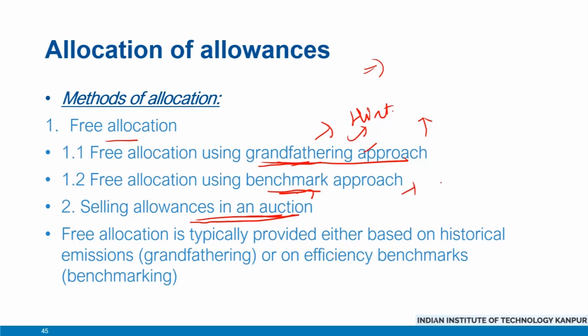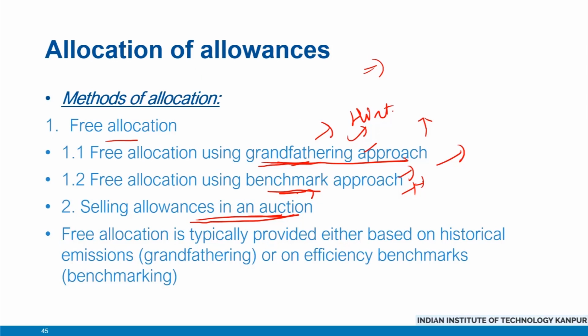Any installation that is less efficient will receive fewer allocations than a highly efficient installation. So in the benchmarking approach, you are motivated to increase your efficiency. If you are inefficient, producing more emissions but with less output, you will receive fewer allowances, and that will drive inefficient installations to become more efficient and reduce their emissions by moving towards more efficient technologies. That way it improves efficiency and motivates those installations that are doing well, producing efficiently.